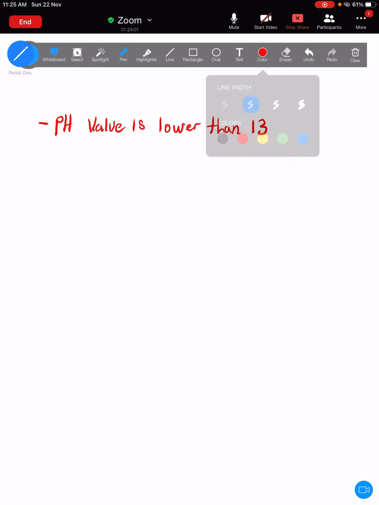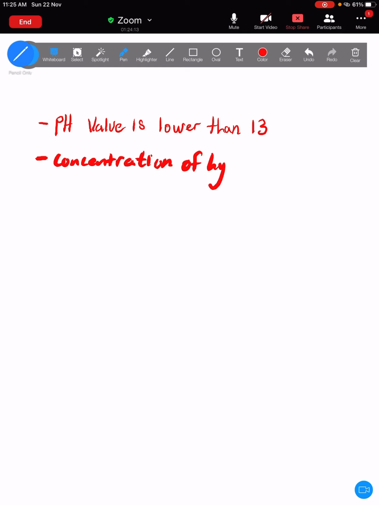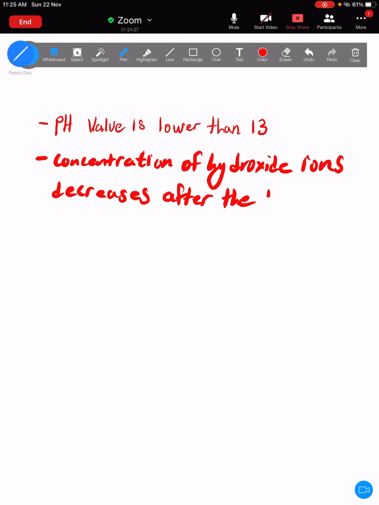Why? It is because the concentration of hydroxide ions decreases after the dilution.